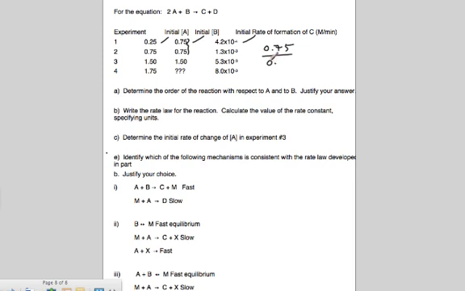Now I'm going to do exactly the same thing with those 2 rates. So experiment 2 over experiment 1. So 1.3 times 10 to the minus 3 divided by 4.2 times 10 to the minus 4. So what happened to the rate at the same time?